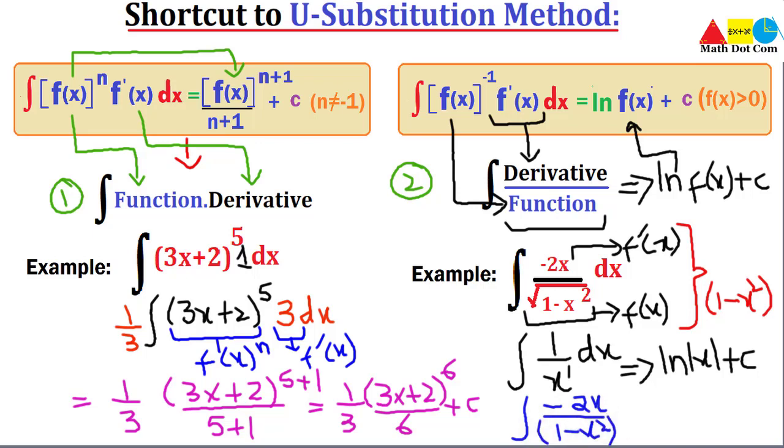Now this function has a power of 1 and its numerator has the derivative of this function. We can easily apply the formula, that is formula number 2 here, to find the integral. So here the integral will be natural log of 1 minus x square plus c.